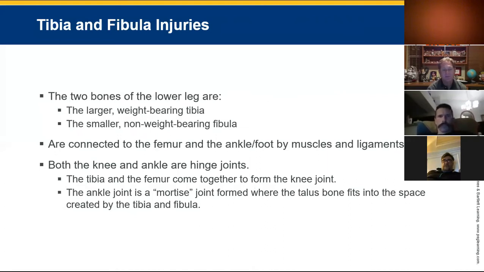Tib-fibs. Usually if you break the tibia, you're breaking the fibula. Splinting those is pretty easy when you start from the knee down to the heel and up the foot. The classic splint that you see a lot.